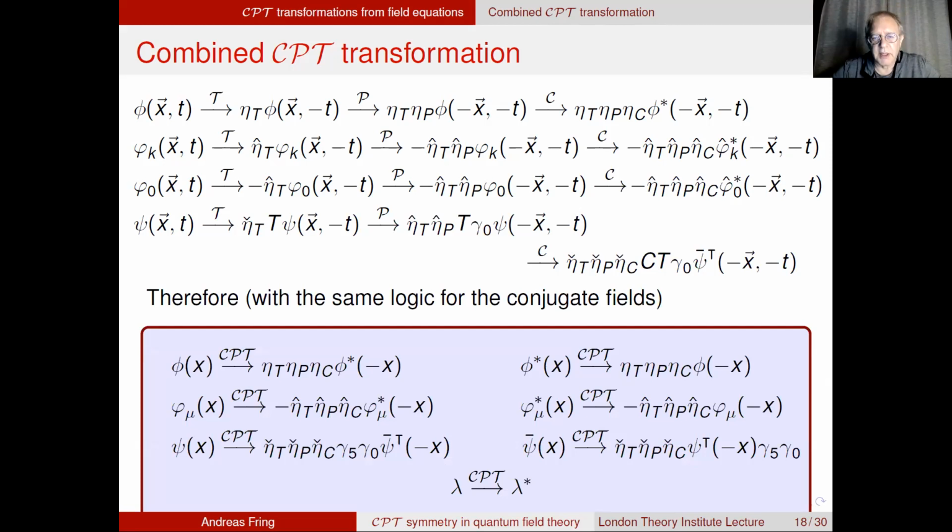And similarly, you can carry out these separate transformations for the conjugate fields. And the summary is here in this box over here. So I also replaced here CT by gamma 5. And here is the transformation which I did not show you for the conjugate fields. And crucially, we have to note also that CPT is antisymmetric.